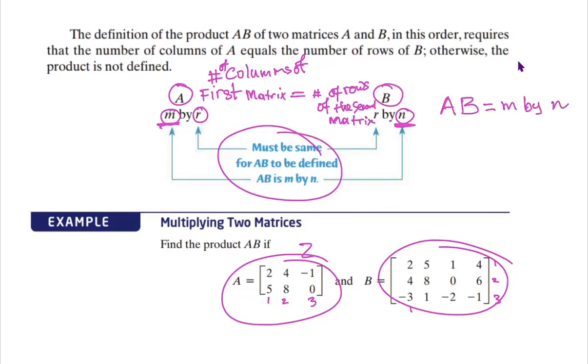So the number of columns of the first should match the number of rows of the second, and the result will be a matrix with the same number of rows as the first and the same number of columns as the second.